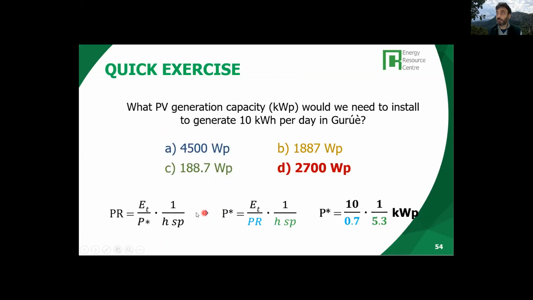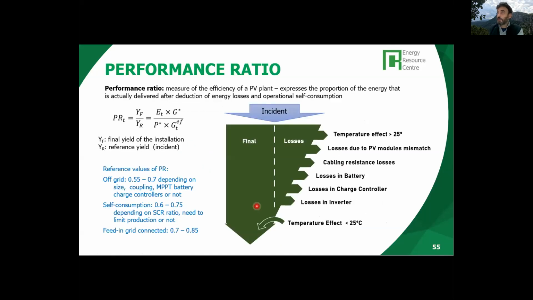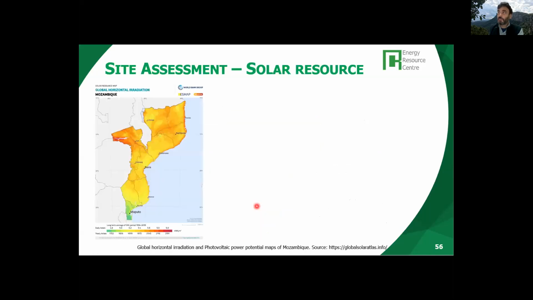These would be the formulas to determine the peak power capacity of a PV system given the energy demand or energy output that we want to achieve from that PV system, okay? The performance ratio, the kind of losses we can have.